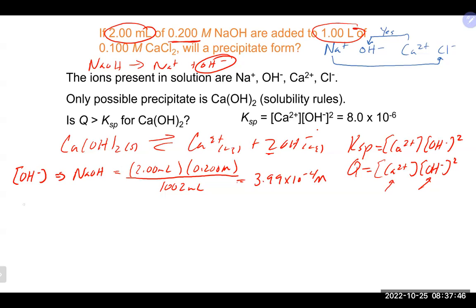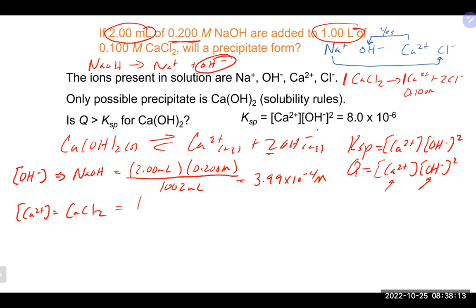Our calcium here is going to come from our calcium chloride, which once again, when calcium chloride breaks apart, we get a calcium and a couple of chlorides. It's a 1-to-1 relationship between calcium chloride and calcium, which means the concentration of calcium is 0.1 molar. Once again, though, we do need the concentration of calcium in the mixture.